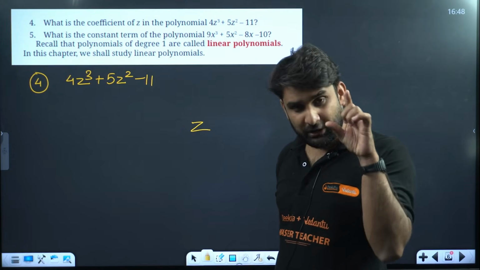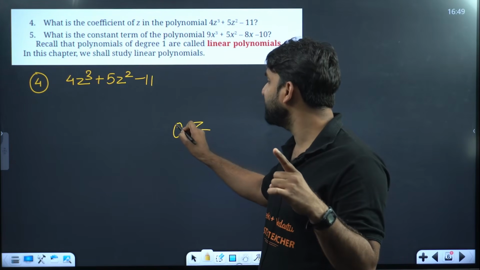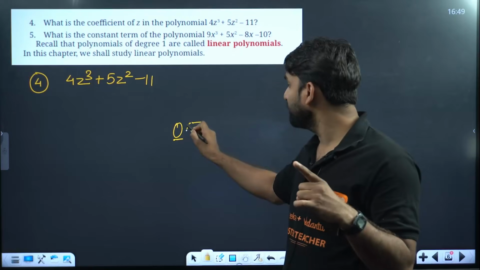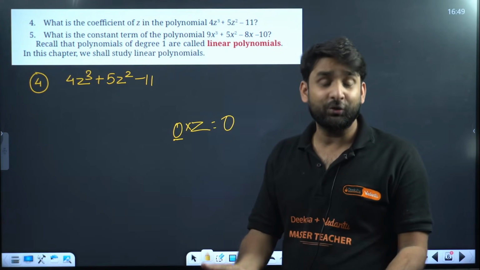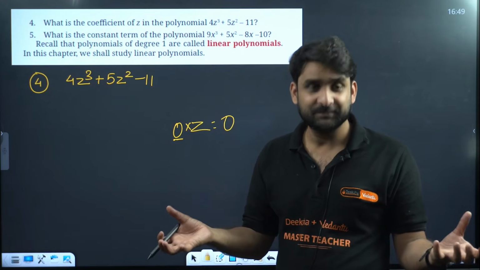The only way to delete the existence of z is for the coefficient to be 0, because 0 into z will become 0. Then only the identity of z will be destroyed. The existence of z will vanish.